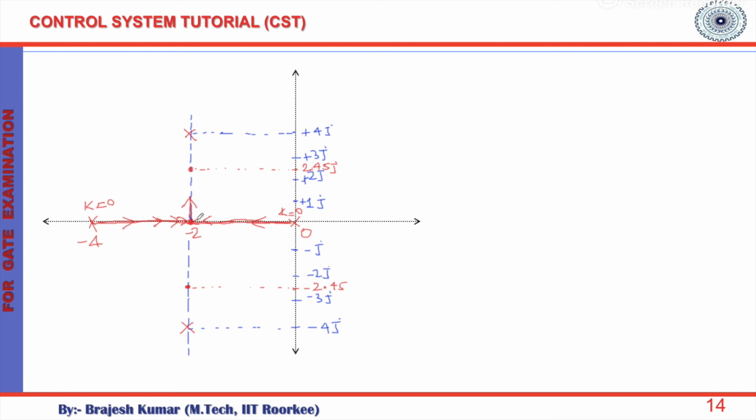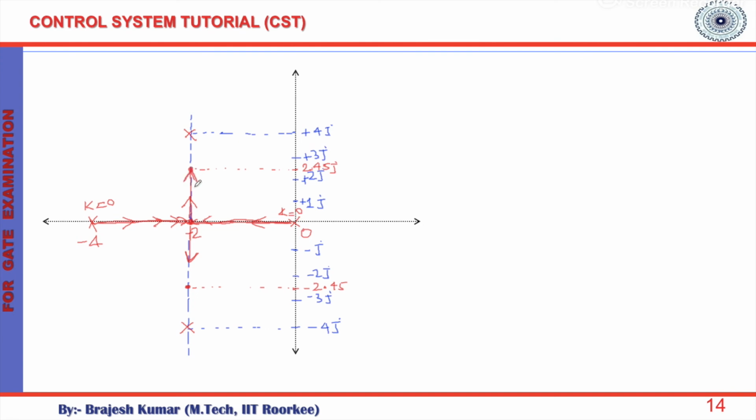It will divert like this, and one branch will divert like this. We do not yet know how they will proceed, but we know that they will divert symmetrically. But from our previous calculation, we know there is also a breakaway point here and here. Since a breakaway point always lies on the root locus, this root locus must proceed here.